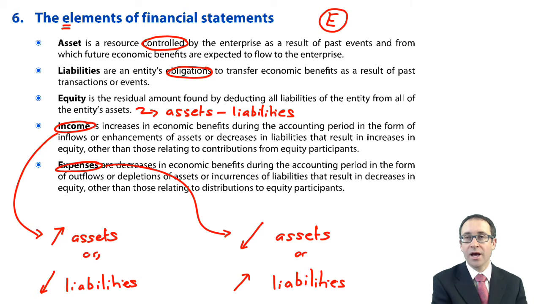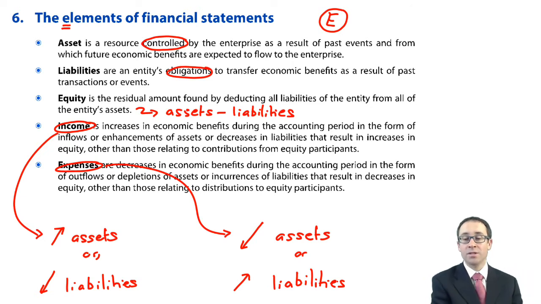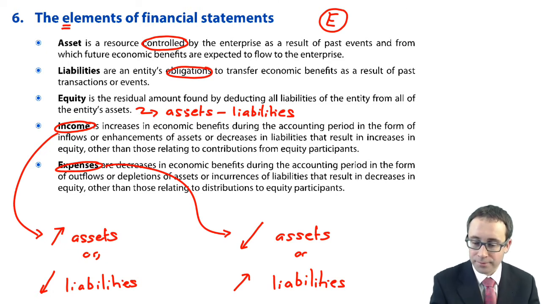An increase in your liabilities as you charge interest on a loan, you need to pay that interest, and that interest is an expense. It's a bad thing. So decreases in assets and increases in liabilities are bad, hence expenses. Increases in assets or reductions in liabilities are good, and therefore income. That's keeping it in its most simplistic form.